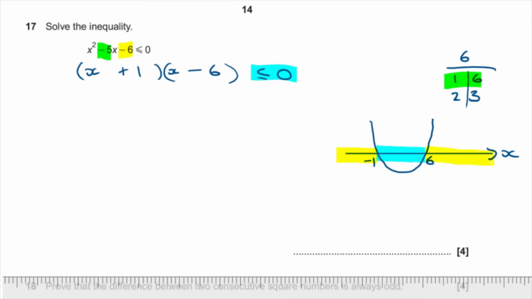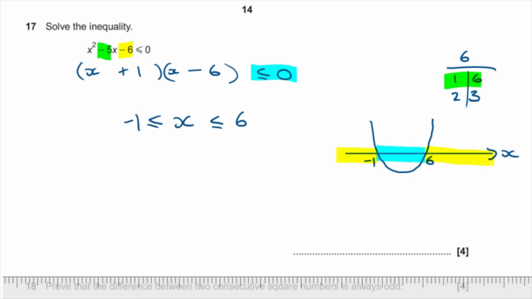So it's just those bits between minus 1 and 6 where this function is below the x-axis or negative. Okay. So the region we're looking for is the region between minus 1 and 6. So x then lies between 6 and minus 1.